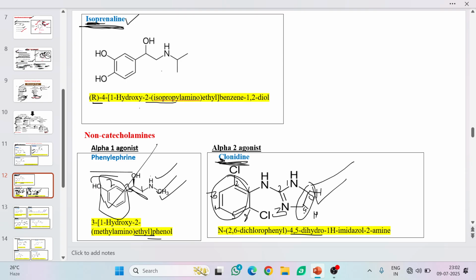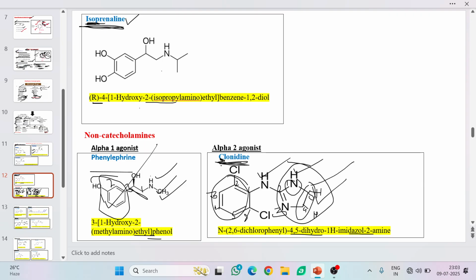Then 1H, at first position there is one hydrogen, so 1H-imidazol-2-amine. This complete ring is imidazole, and at second position the amine is present. So this is the simple basic name of clonidine.